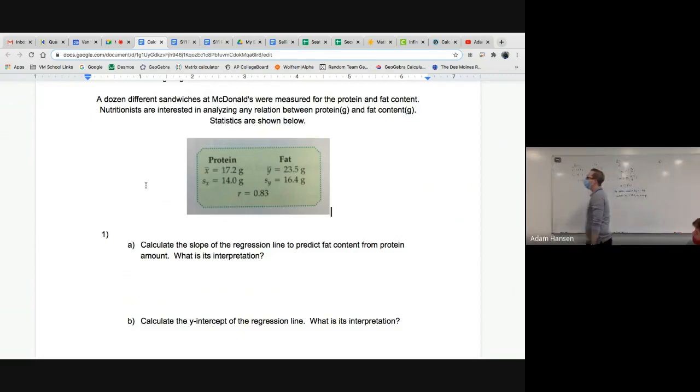Part B asks us to do the y-intercept and explain its interpretation. Y-intercept is a different formula. Y-intercept formula is y bar minus m times x bar.